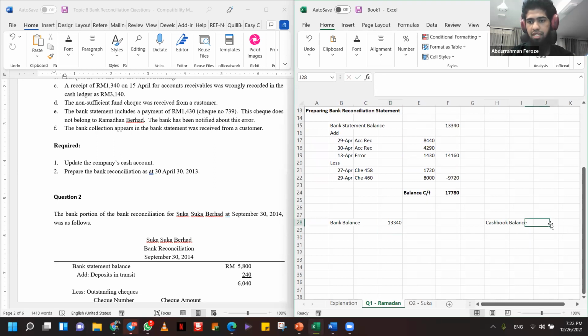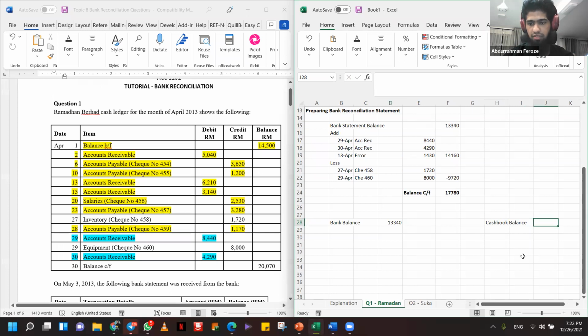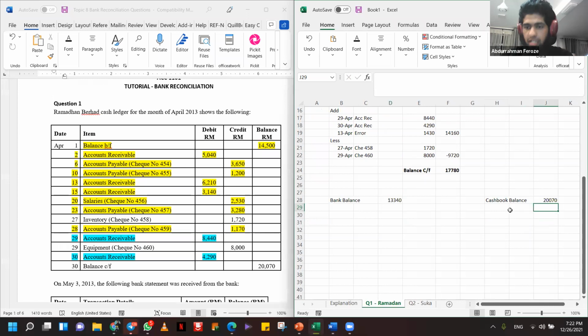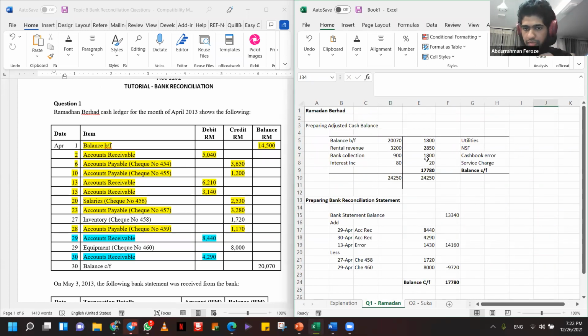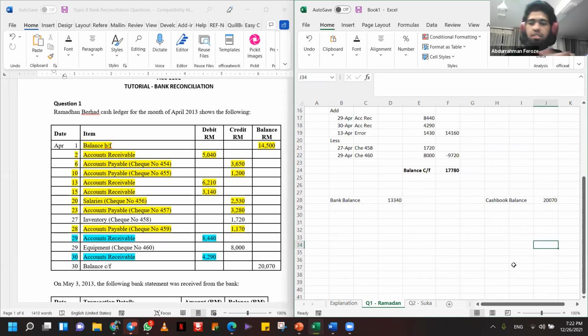13,340, and the cash book balance was 20,070, right? 20,070. And so what you do with this method is, basically what we did in method one is done together.